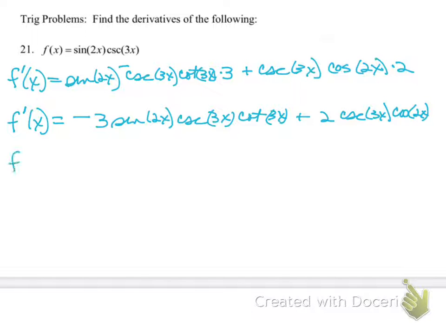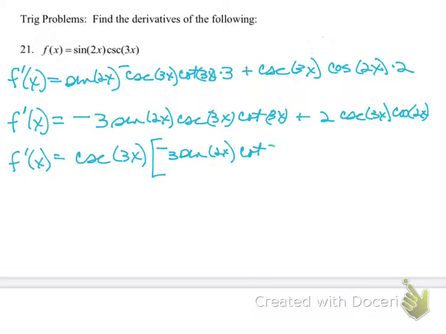The only thing you can factor out really is a cosecant, because that appears in both places. So bring the cosecant 3x to the front, and then in your bracket you're going to have negative 3 sine 2x cotan 3x, and then plus 2 cosine 2x, and that should pretty much do it.